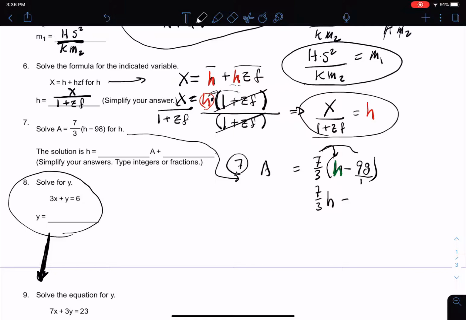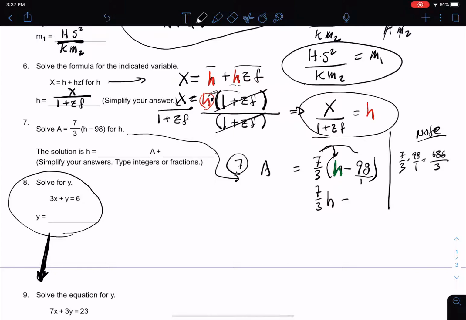When you multiply fractions, you multiply the numerators. So I'm going to multiply 7 thirds times 98 over 1. That's going to give me 7 times 98, which is 686.